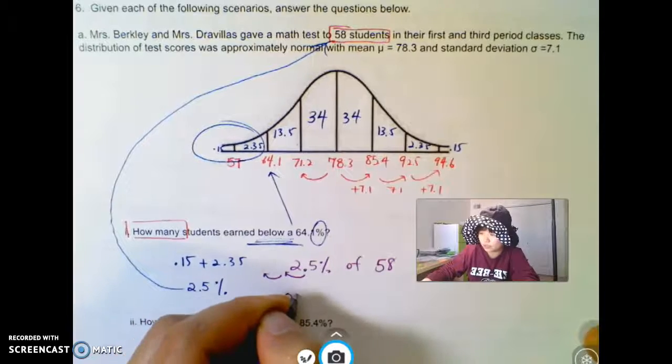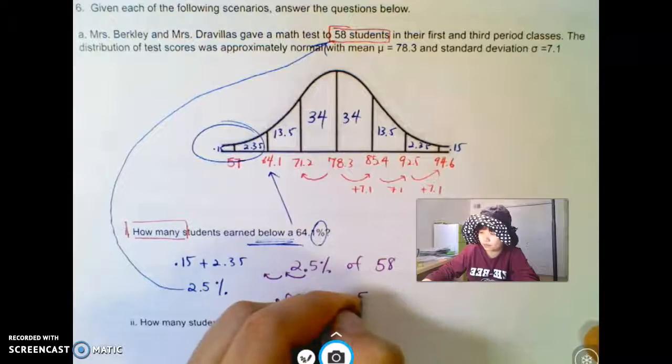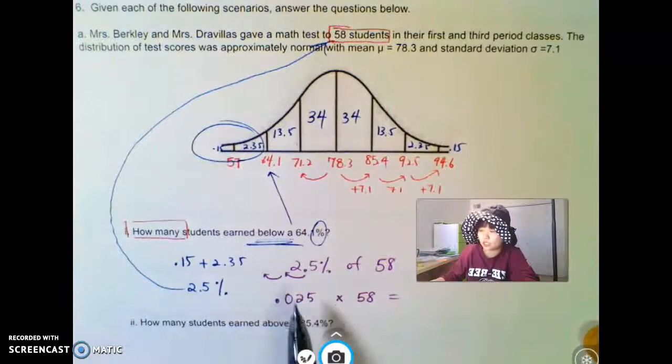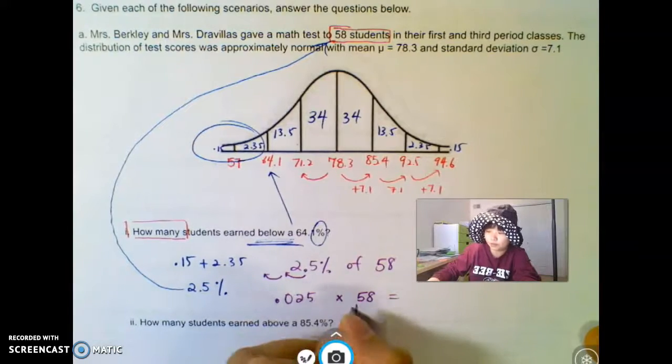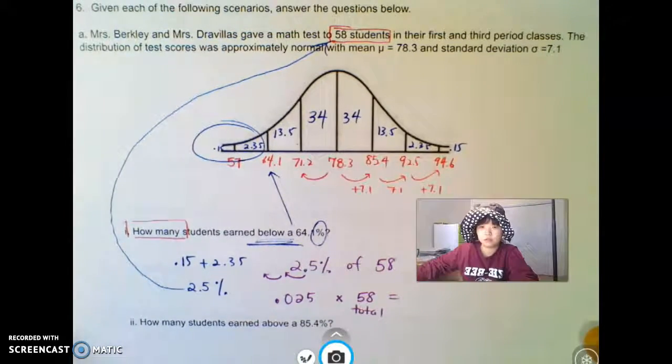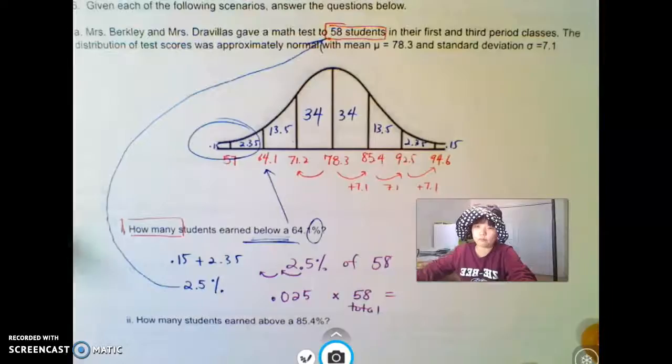So it'll be 0.025 of, which means multiply by 58. So you can always change that percent into a decimal and then multiply by the total. So that gives me 0.025 times 58 students, 1.45.